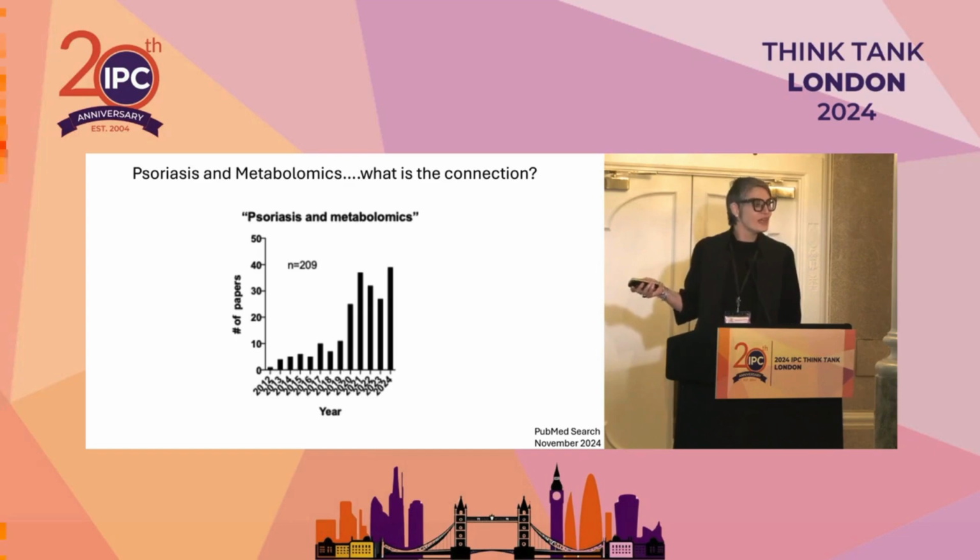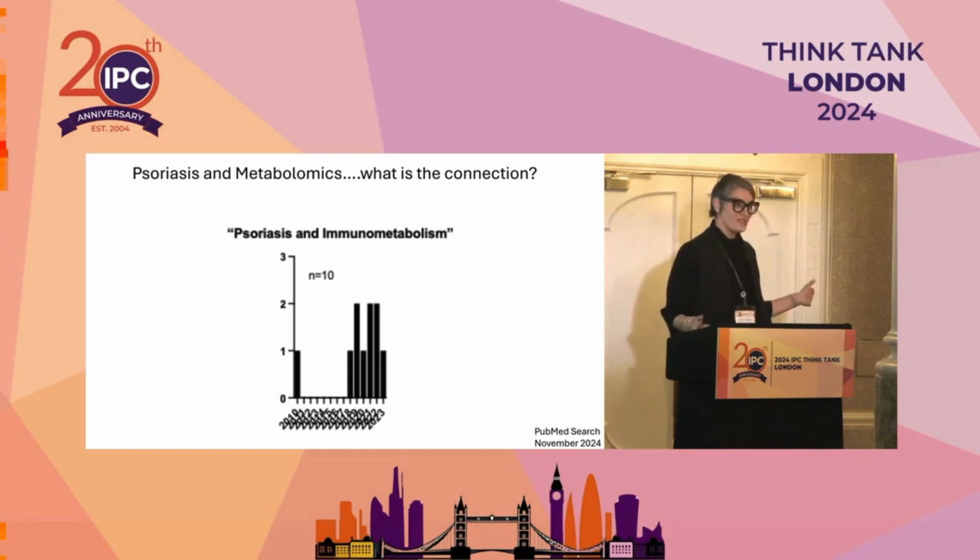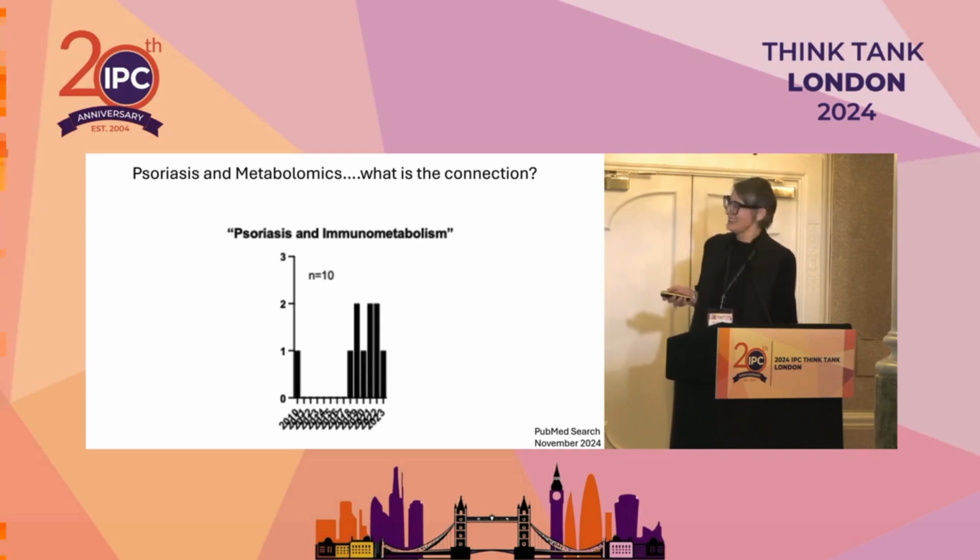If you refine it further, and you specifically ask about psoriasis in immunometabolism, you get 10 papers. So the good news is we don't know very much, so I won't go very long. The bad news is I am going to talk to you more about metabolomics.